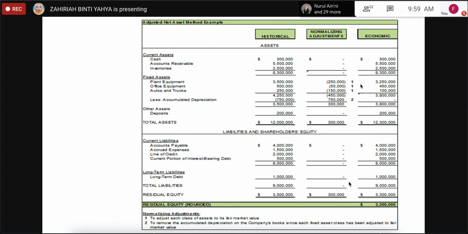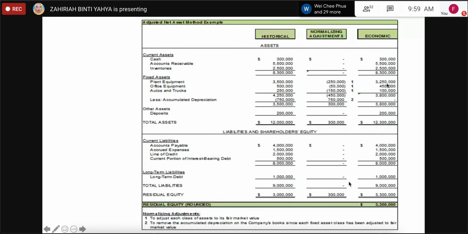Sama lagi ke? Tak, jangan kurang. Tak ya. So kita kena buat adjustment ya. Mungkin kita guna comparison method ke apa ke, this type ni dijual beli pada harga 3,250. So we just ambil yang the market value. So normalizing adjustment dia, kita tengoklah perbezaan dia ya, 250,000. We have to deduct 250,000 ya.